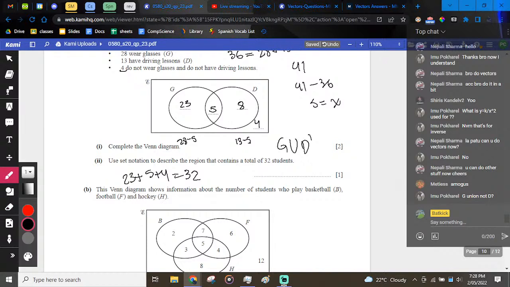Union is you basically add on bits. So I add on G. Yes. Then I add on everything that's not D, which is the outside. What I'm left with is this area. That is the area which contains 23, 5, and 4. Yes.